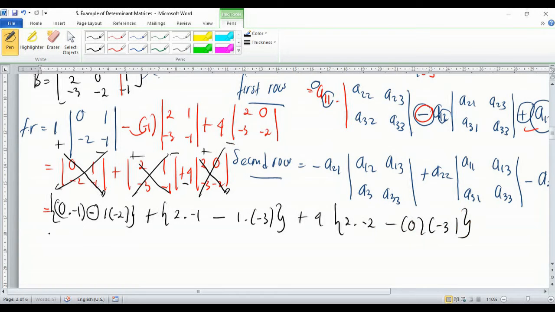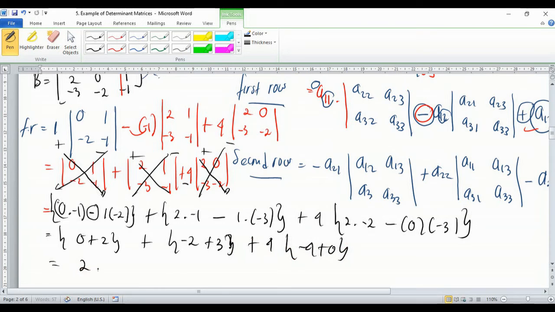Okay, so we simplify this one. 0 plus 2 plus minus 2 plus 3 plus 4 minus 4 is the 0, right? This one is plus 0. So this value to be 2 plus 1 minus 16. So this result is minus 13.